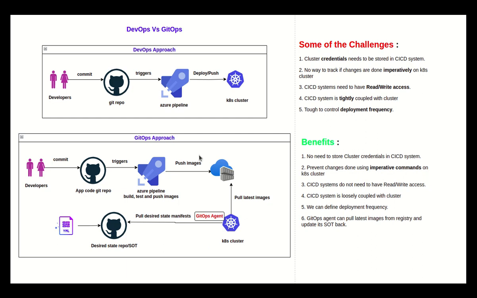So on a high level, these are some of the challenges and benefits of GitOps approach. But as we know, DevOps is mainly about culture, process and tools. Here it's all about tools to solve this problem.